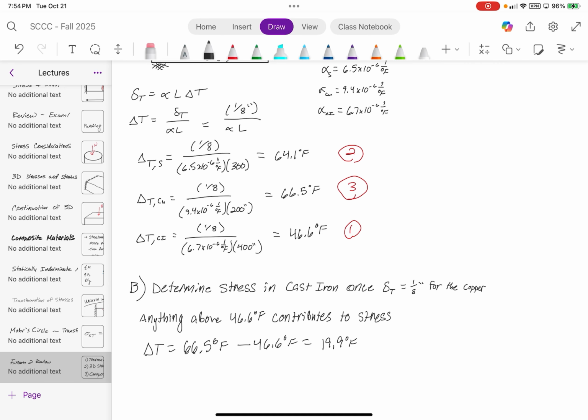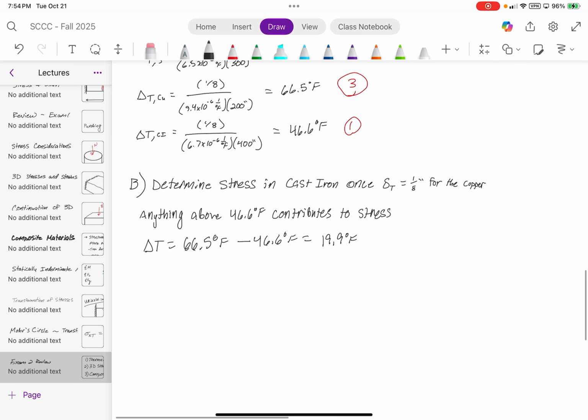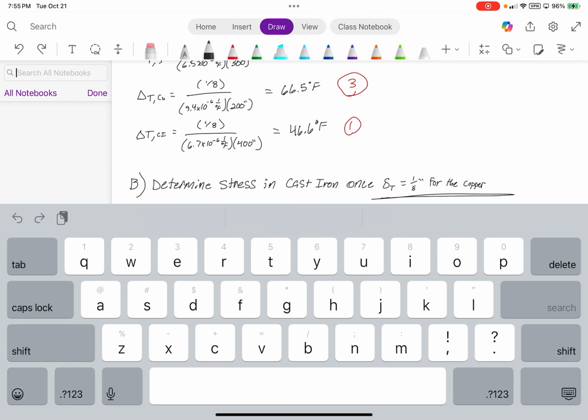All right. Well, it's actually not too bad. So, what we first need to do is we know what the temperature is that's increasing up until this gap closes. Once that gap closes, we know that the stress develops for 19.9 degrees Fahrenheit increase from the copper.